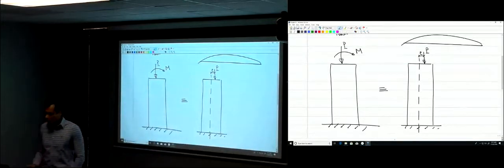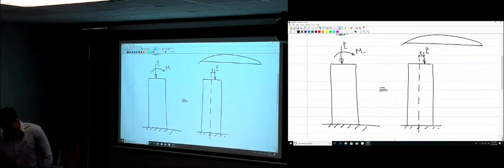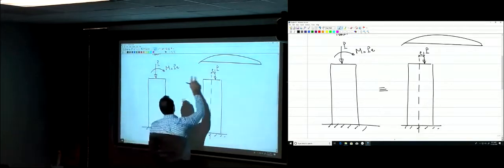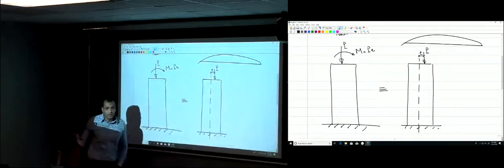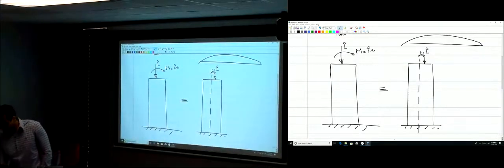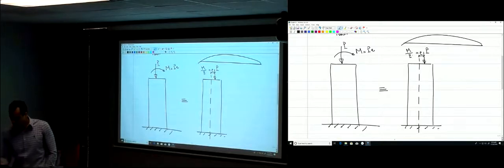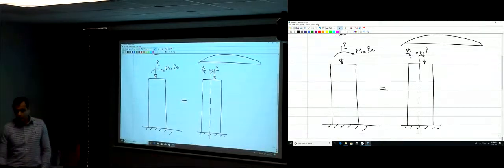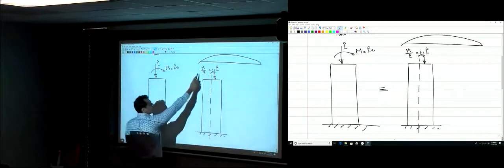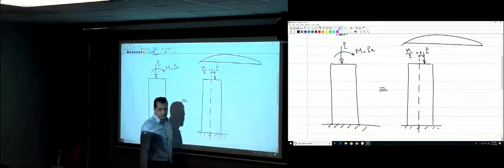Why? Because this M is going to be P multiplied by the eccentricity. Multiplying P by e will give you that magnitude of the moment. So if you want to find the eccentricity e, it's M divided by P. As you see here, this moment can be expressed in terms of this eccentricity.